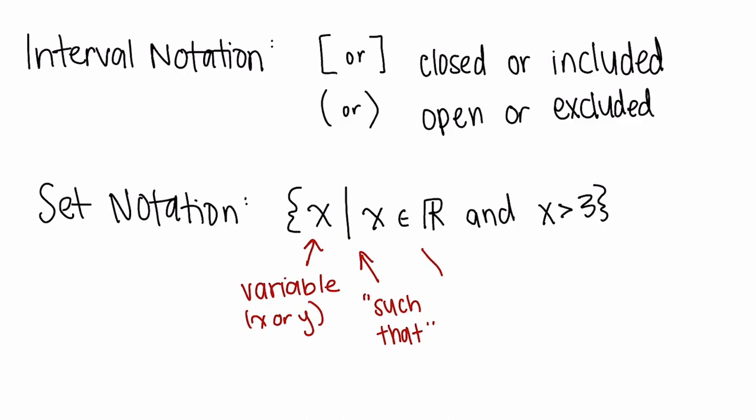This notation is saying X is a real number. That little E looking thing means is an element of, so we're really saying X is an element of the real numbers, or we can say X is a real number and X is greater than 3. So this whole thing would be all inputs X, all such that X is a real number and X is greater than 3.